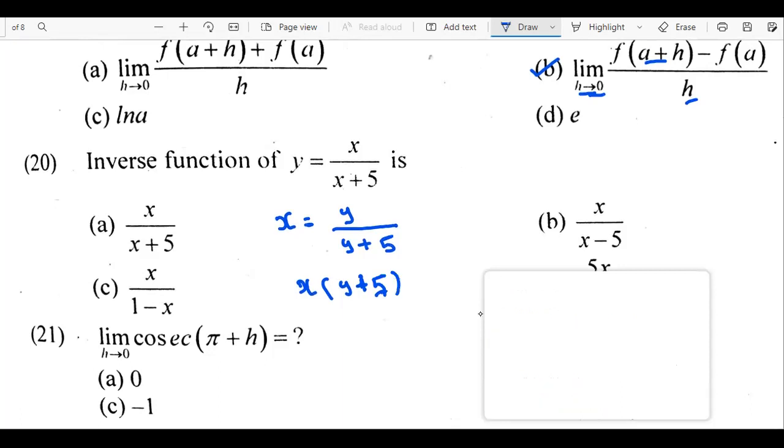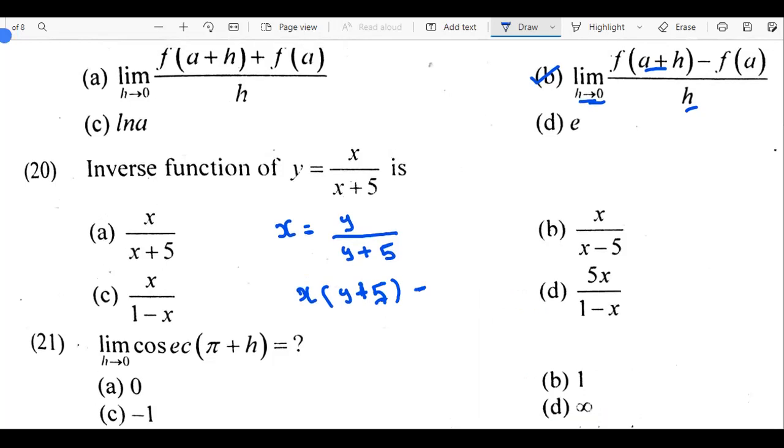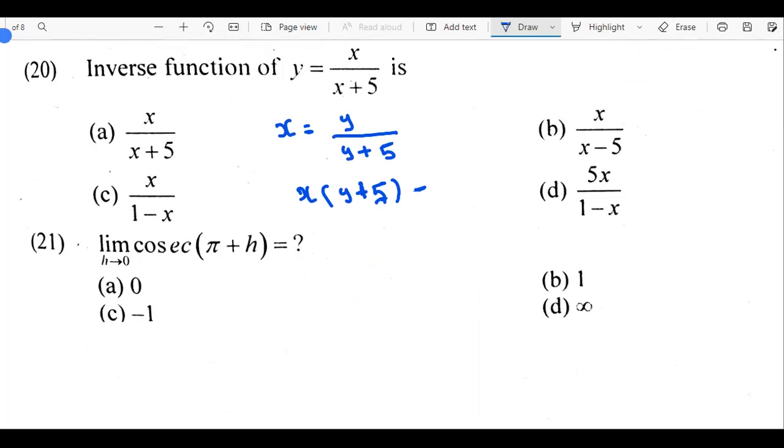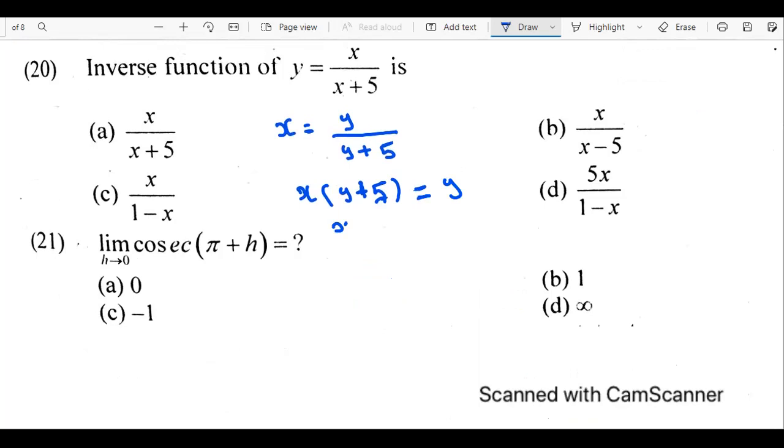Again, the target is to make y the subject of our equation, right? So in this time, okay, so it would be xy plus 5x equals y.